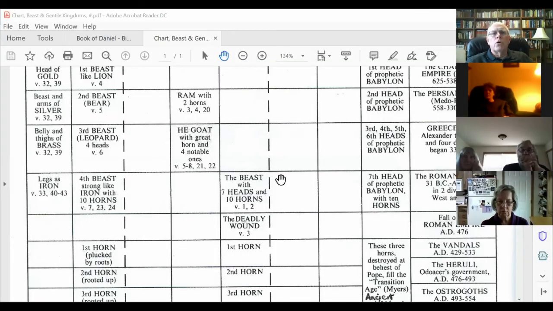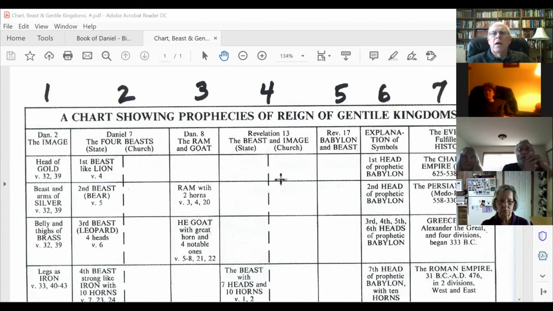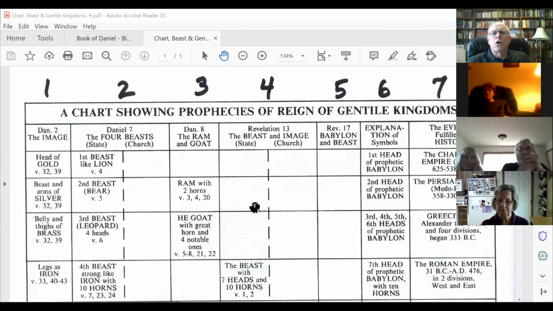The old booklet, Who is the Beast, has this chart in the middle. I think a later version was Who or What is the Prophetic Beast, and each of them has it in the middle, the centerfold, so to speak.